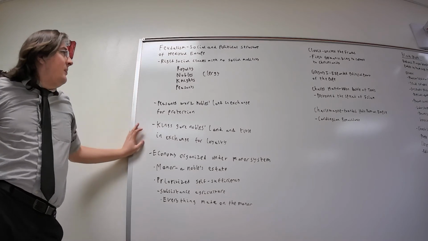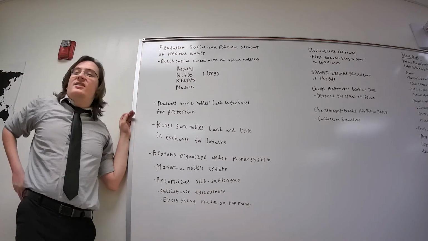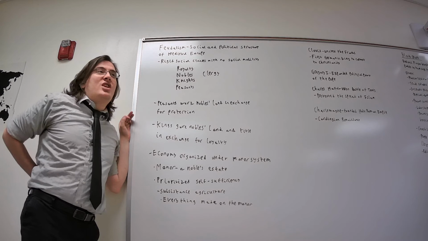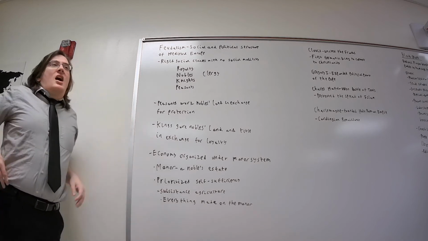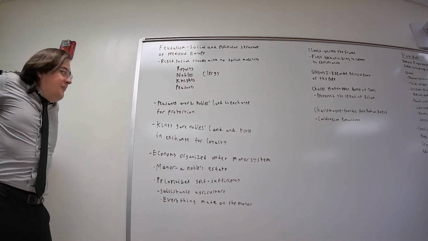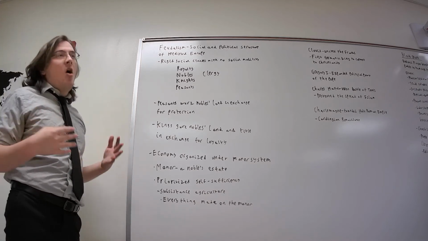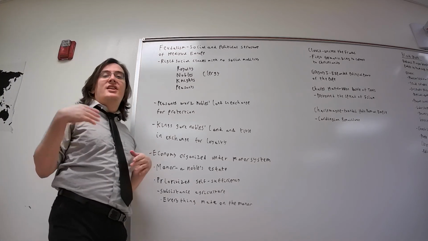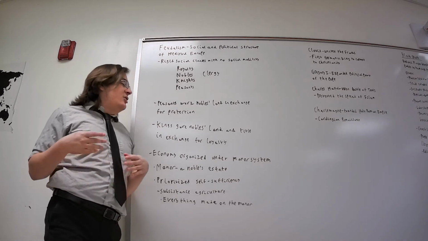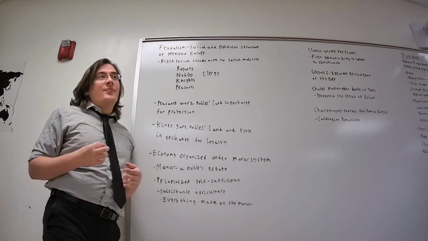But then, as feudalism develops and as governments start to take shape again, the kings start to get involved, where the kings would effectively give nobles land and, more importantly, title in exchange for loyalty.